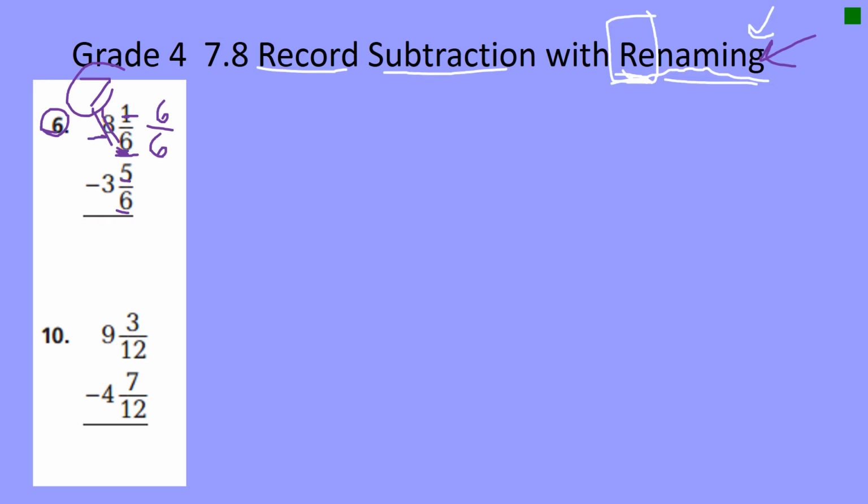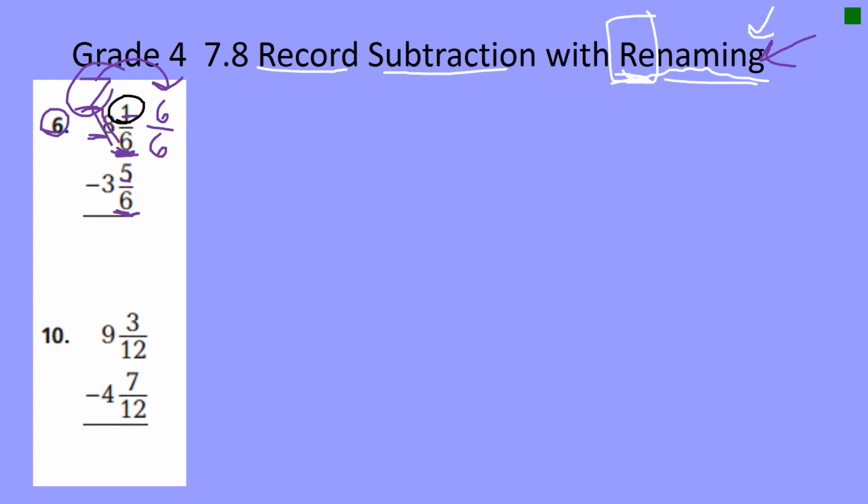So we took the one whole thing from 8, made it 7, and then we brought it over here and rewrote that 1 as a fraction, 6/6. Now why did I choose 6/6? Well, because look at the denominator we're dealing with. It's 6ths. It's just logical. Why would I choose a different one? We couldn't have added them together very easily, right? So 6/6 is the one.